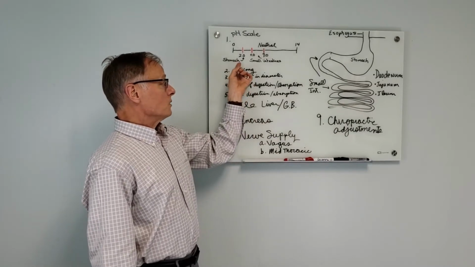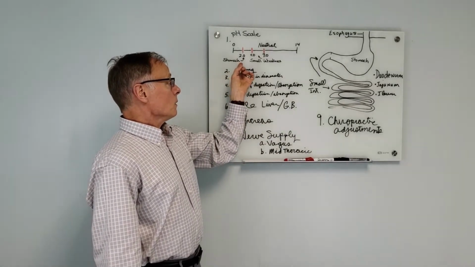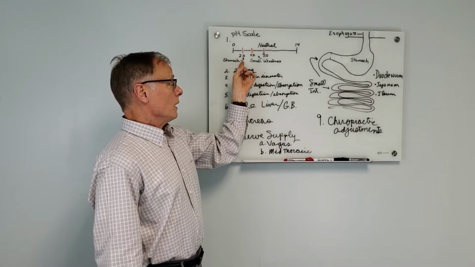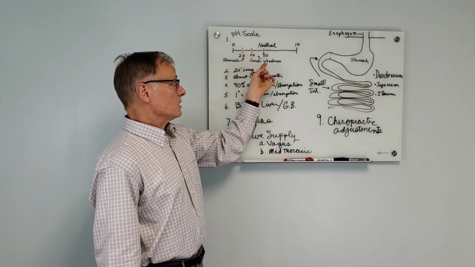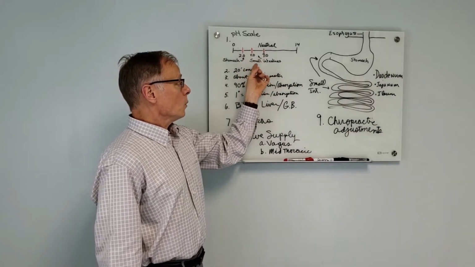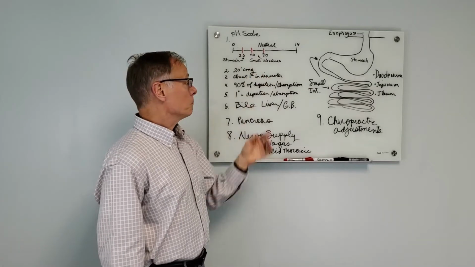The stomach is very acidic at 2.0, so between 4 and 7 is the area that the small intestine operates in.